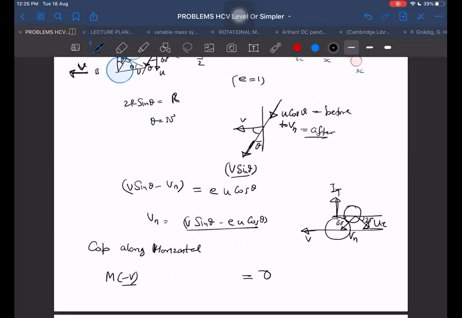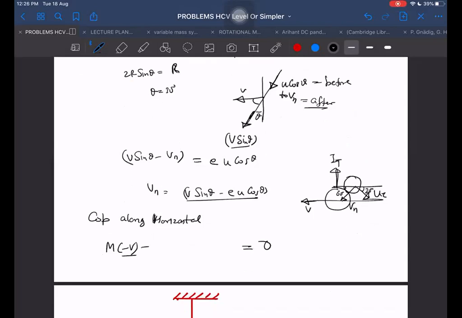Then I get minus m into vn cos 60 degrees, and only one is along horizontal positive side, that is m into u tau cos 30 degrees, where u tau is the same as v tau. This equation is there.